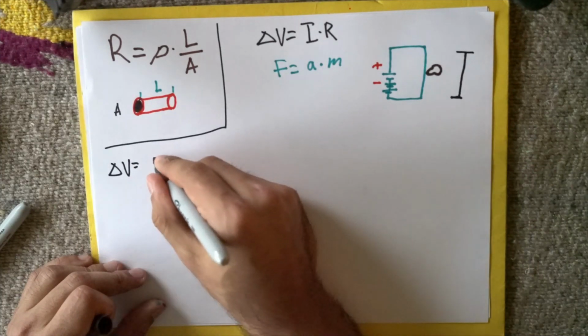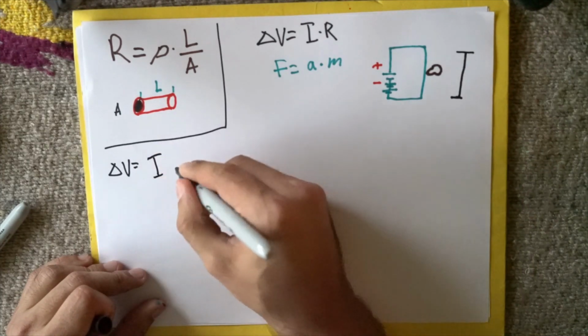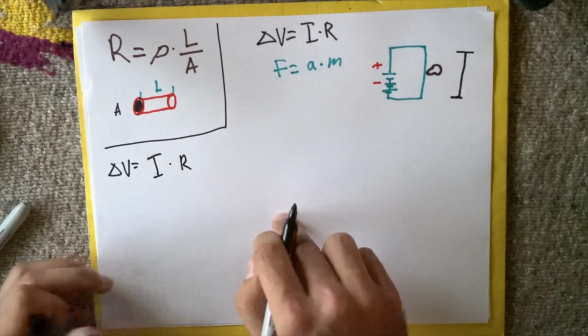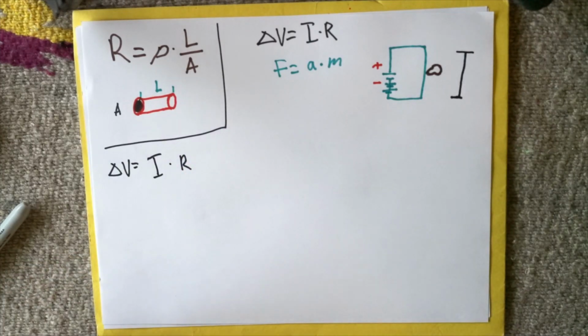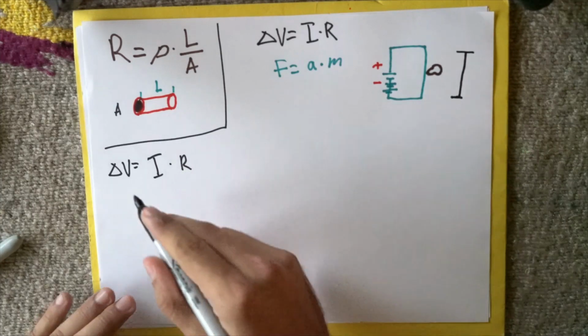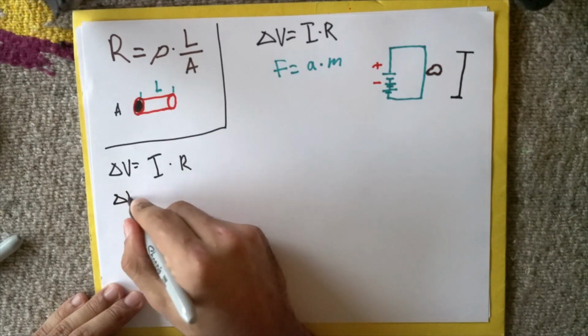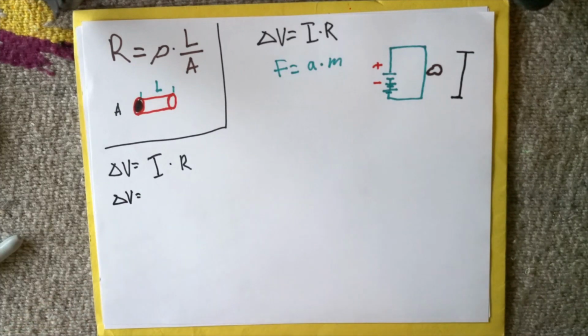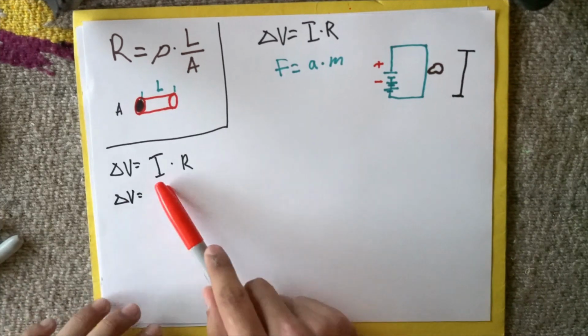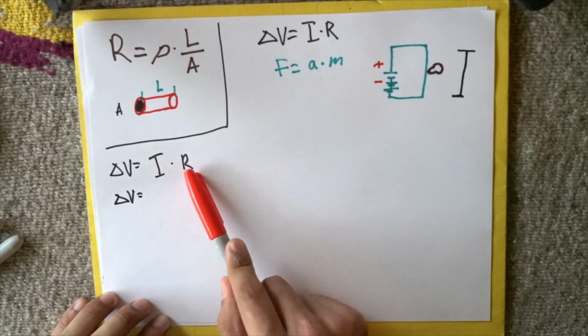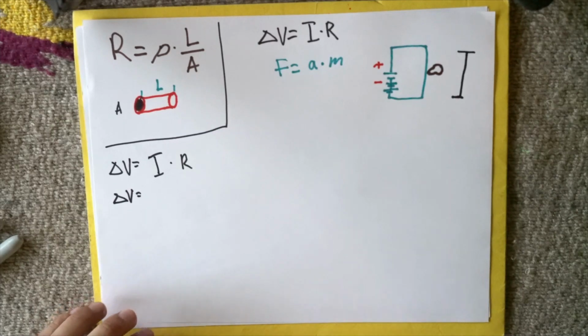But if I had some I and some resistance, now in this situation, if I had a new circuit with the same voltage, so this will stay the same, whatever number that is, the relationship between the current and the resistance needs to stay the same.